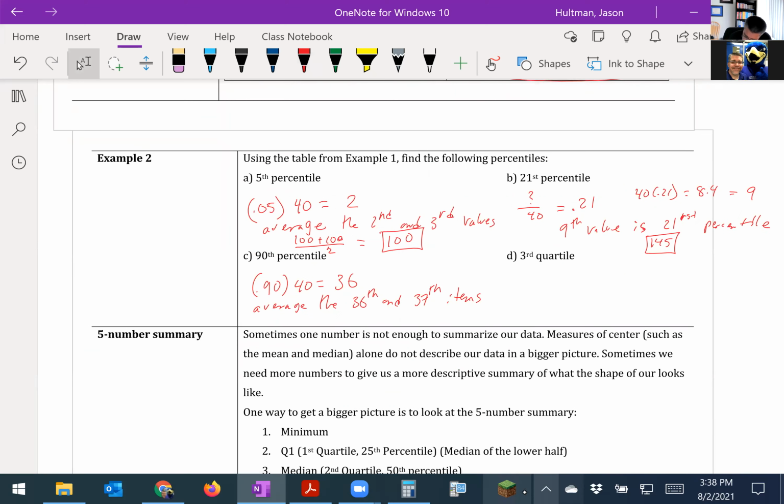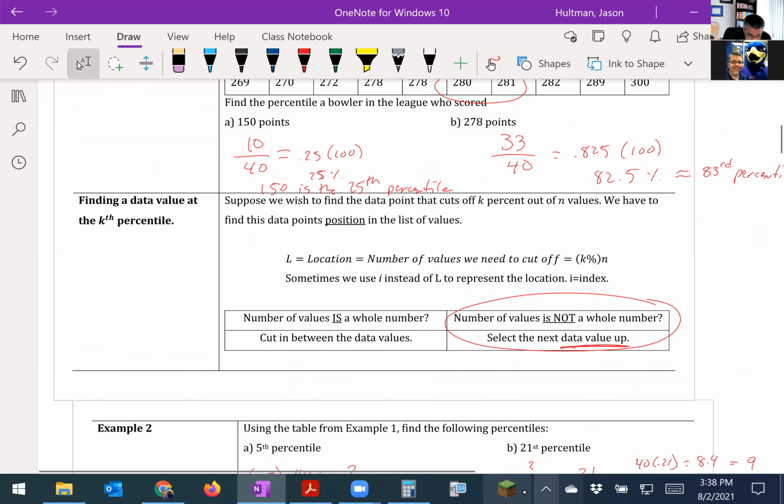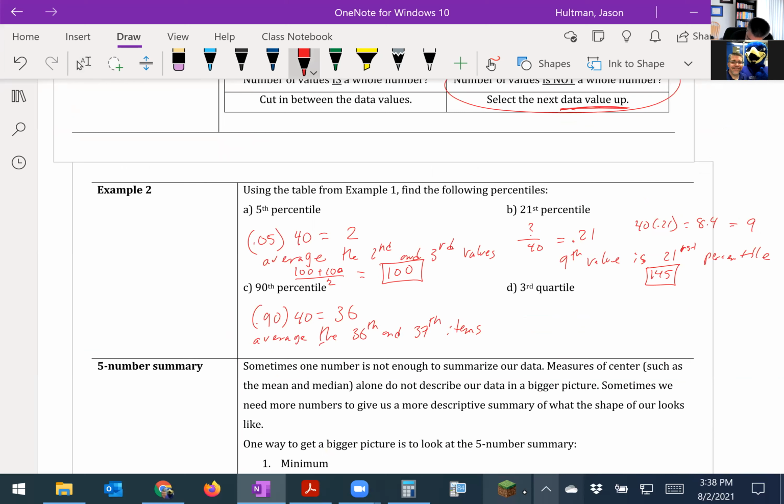So I want to average those values. 280 plus 281 over 2 is 280.5. And so 280.5 is my 90th percentile. That means that 90% of the data values are below 280.5.